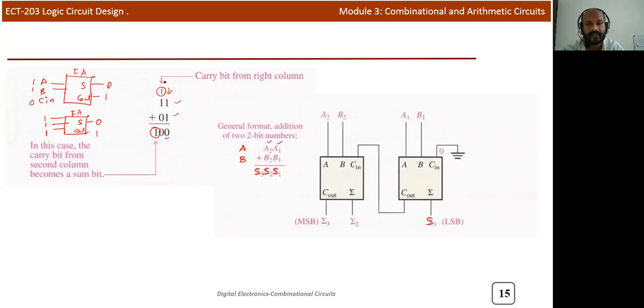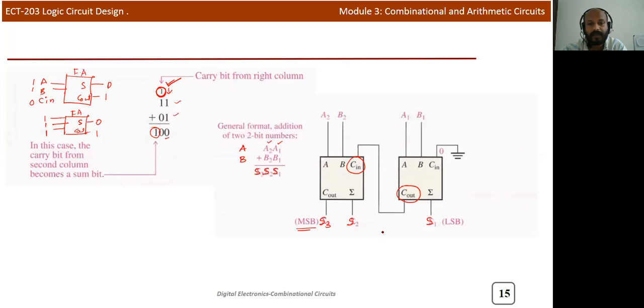Now we use the second full adder, and the C out of the first full adder is connected to the C in of the second. This second full adder gives S2, and its carry out we consider as S3.